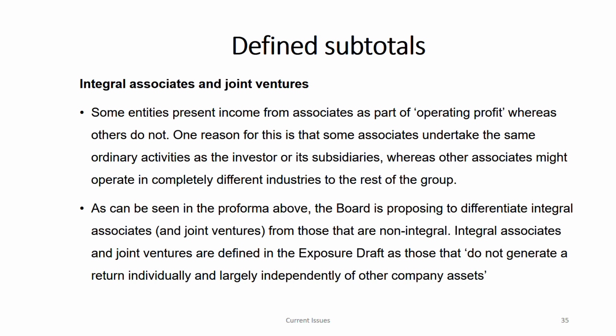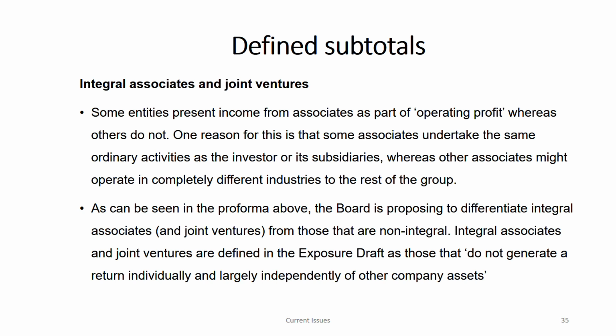So in the above pro forma you have seen how the board is proposing to differentiate. They have shown two separate lines. One subtotal is for integral associates and joint ventures, the other is where they are deducting the non-integral associates and joint venture losses or adding the profit.